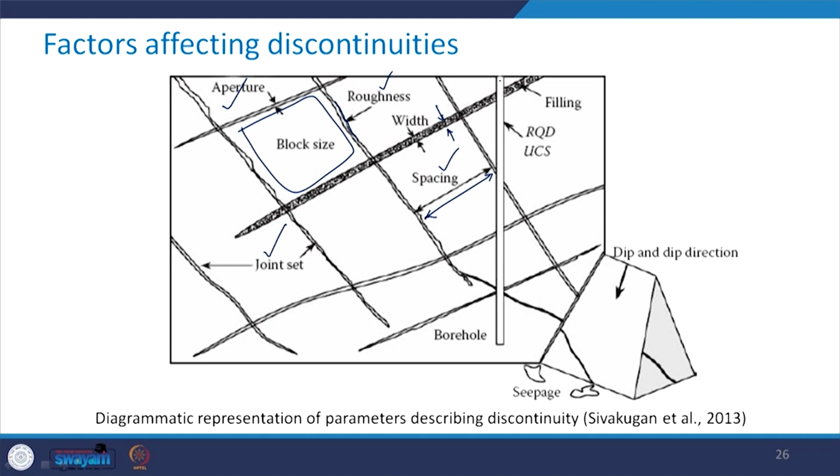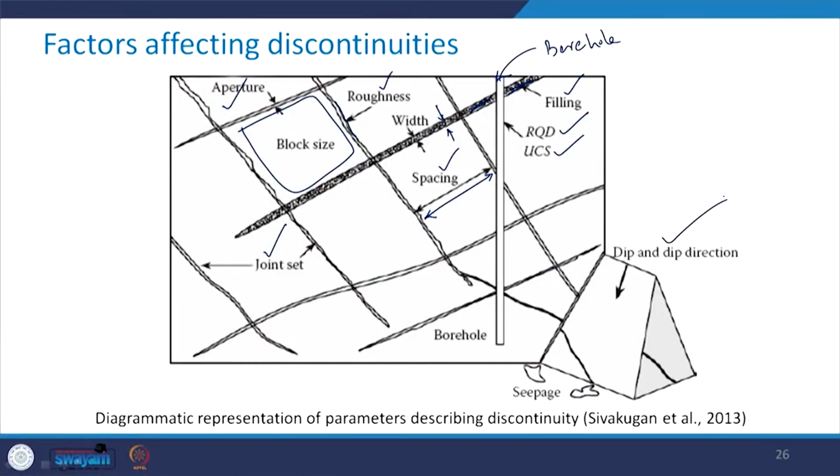You have a borehole, and from here you extract the specimen sample. From there you will be able to obtain RQD, and test it in the lab to get UCS. As far as filling and its property are concerned, you have to take out the material from this part and you will be able to get the filling.